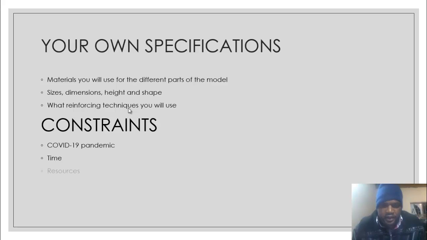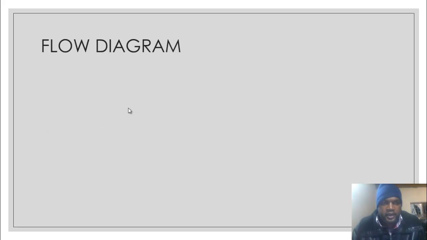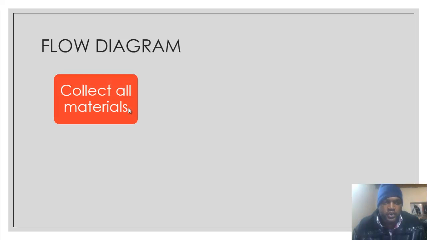And then time, resources, and then another thing we have to do is to have a flow diagram as to how we're going to make our tower. So the first thing on the flow diagram can be the collecting of materials, and then what do you do next after collecting the materials? This is something for you to think about. Maybe you do some measuring according to the size and dimensions that you put in your specifications.